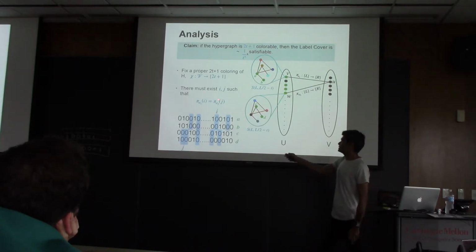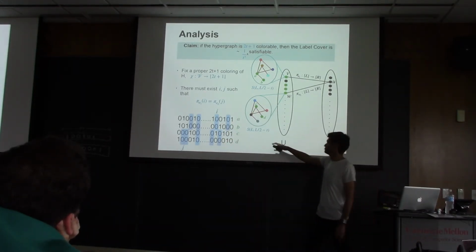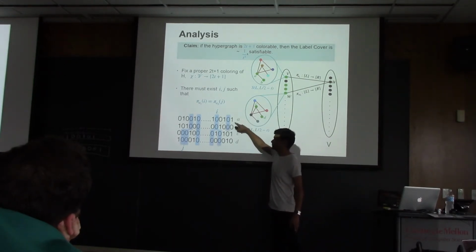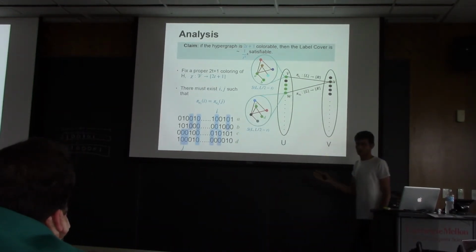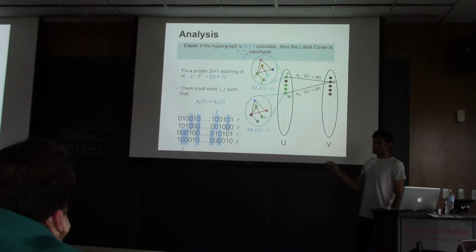And then this is a contradiction, because we found a monochromatic green hyperedge in our polynomial hypergraph. So it must be the case that there exists i and j where they project to the same coordinate.